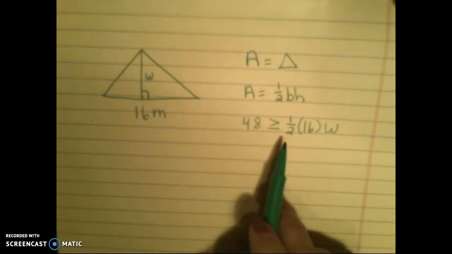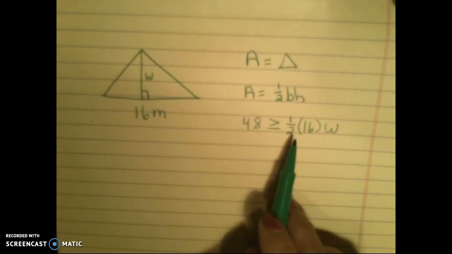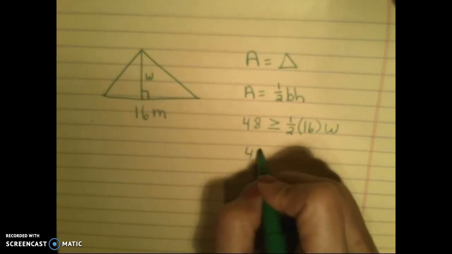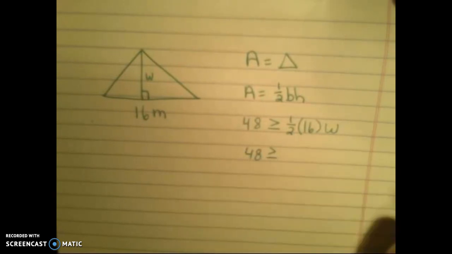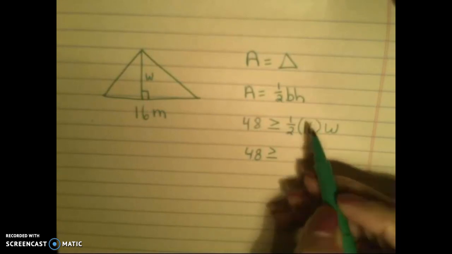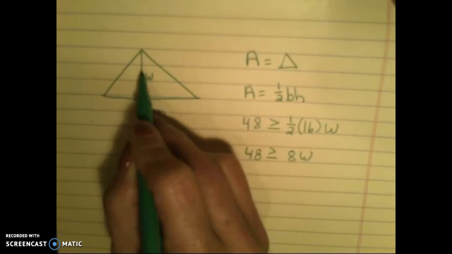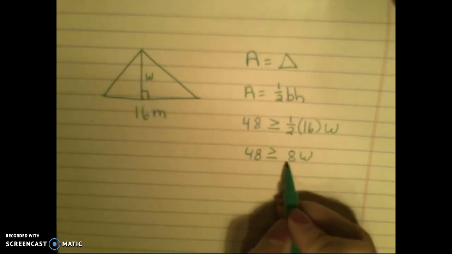Before I start undoing any multiplying or dividing, I have to combine like terms. So half times 16 is my first part of the solution. Half times 16 is 8, and bring down my W. We're still trying to solve for W. Now I'm going to treat it like any inequality.